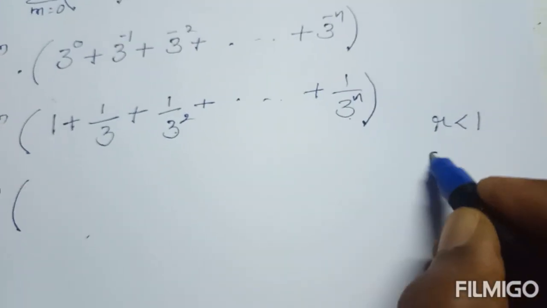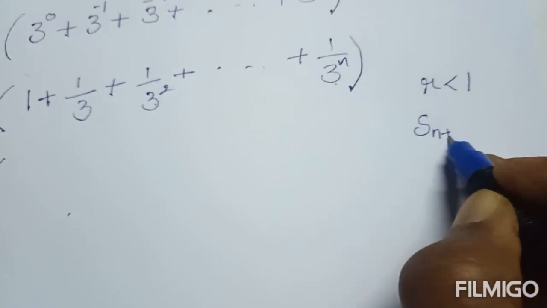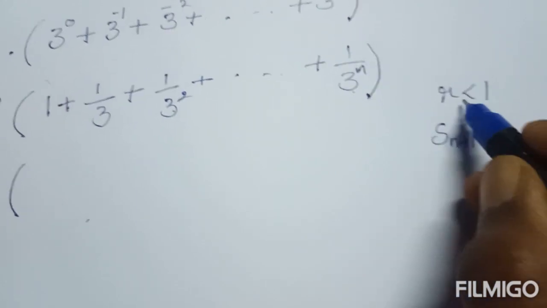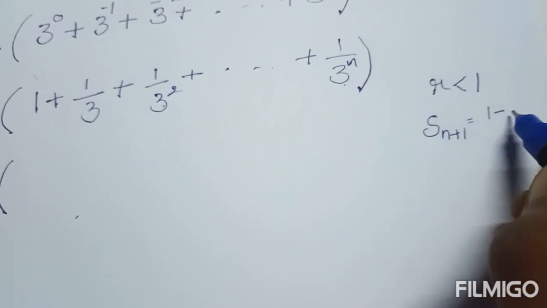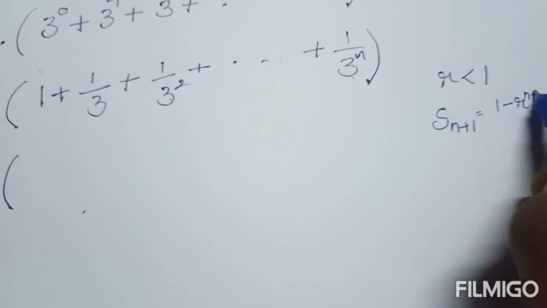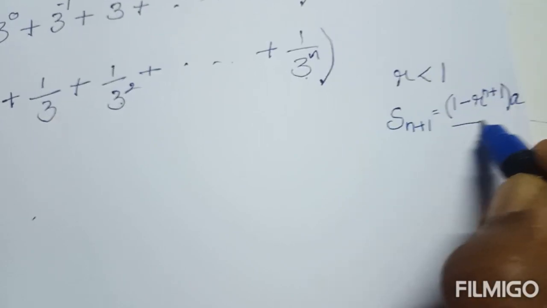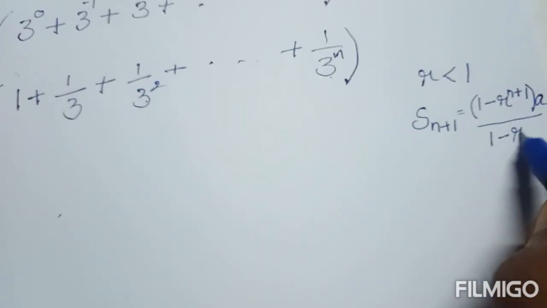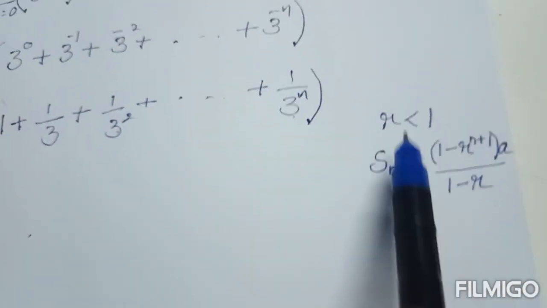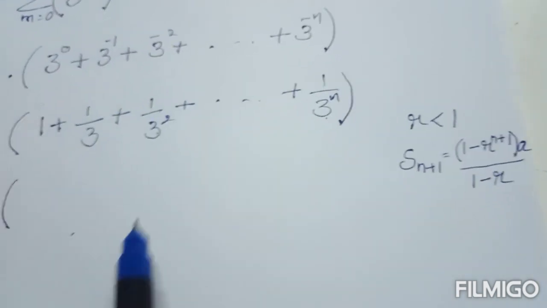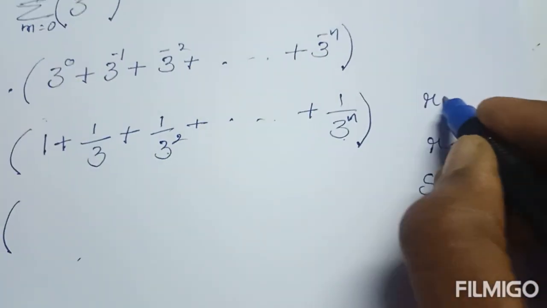So the formula for the sum of n plus 1 terms, r is not equal to 1 and r less than 1, is 1 minus r to the power of n plus 1 into a by 1 minus r. Here once again r value is 1 by 3. R equal to common ratio.